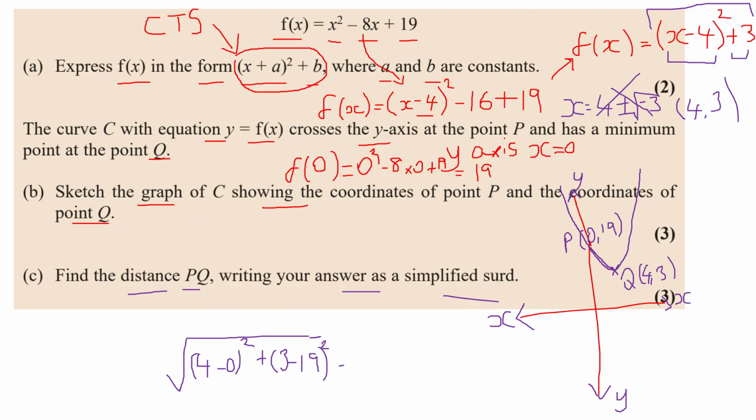So 4 minus 0 is 4, squared is 16. Then we get minus 15 all squared, which is 225. Add it together and we get the square root of 251.